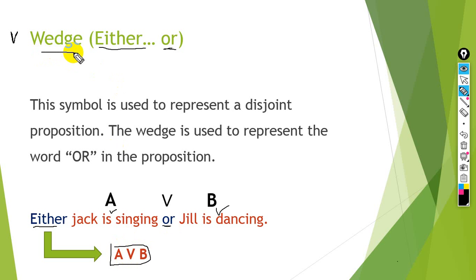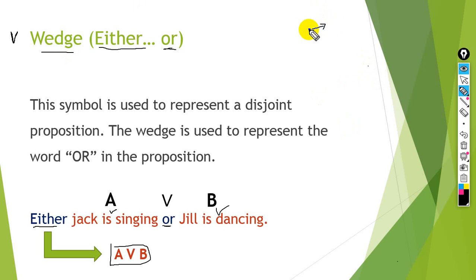If you have any question related to this, it is very easy. What was the dot used for before? The dot was used for and, conjunction.